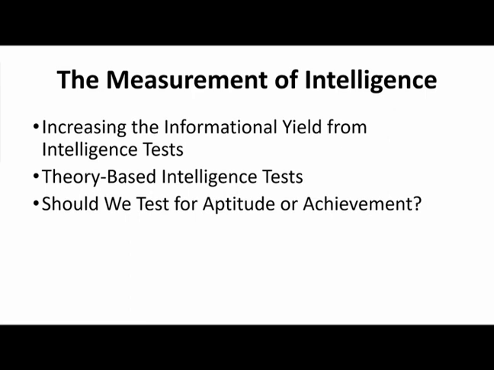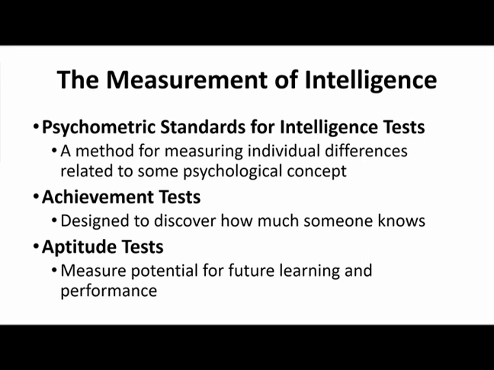And so while we're on this track of critically thinking about these tests and what they're testing and any downsides to them, let's start talking about some of the psychometric standards for these intelligence tests and intelligence tests in general. So when we're talking about psychological tests, we're basically talking about a method for measuring individual differences related to some psychological concept.